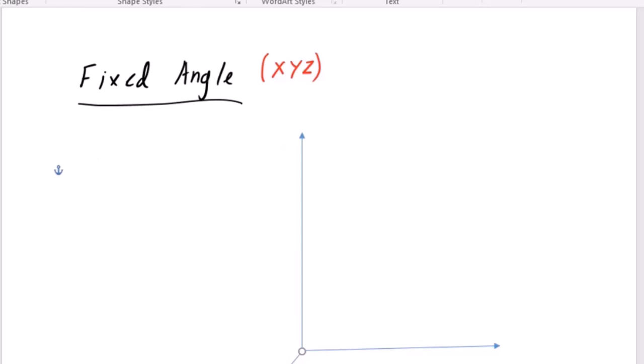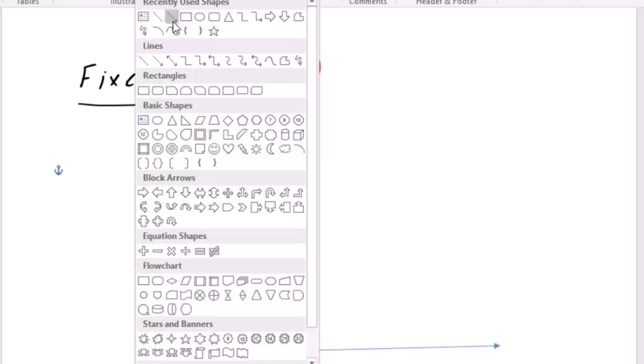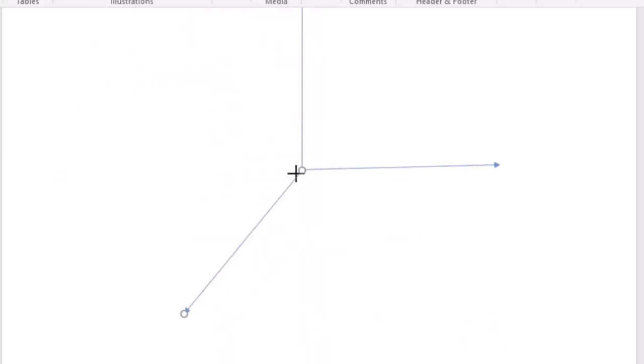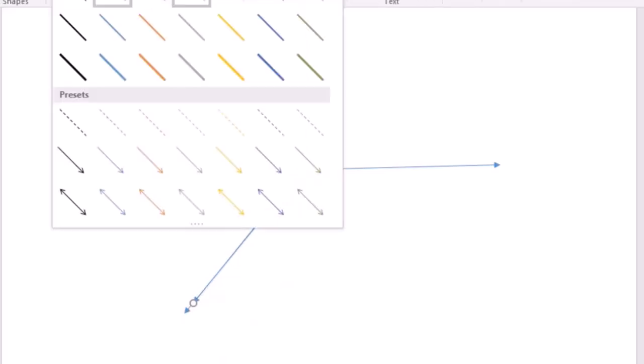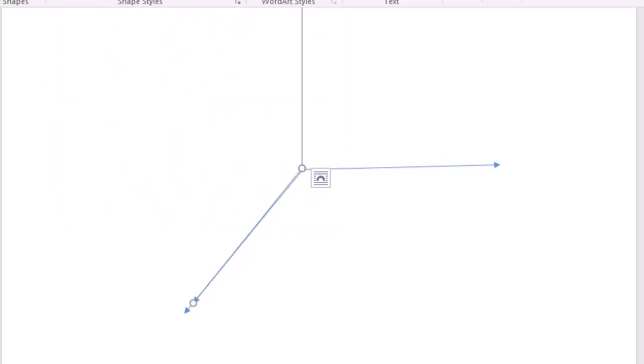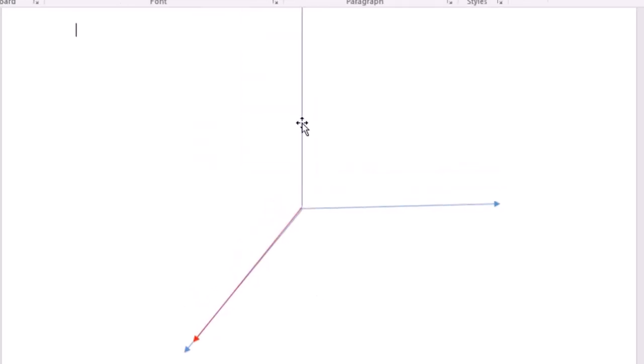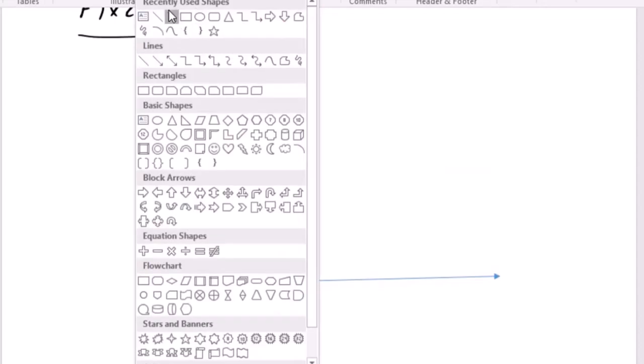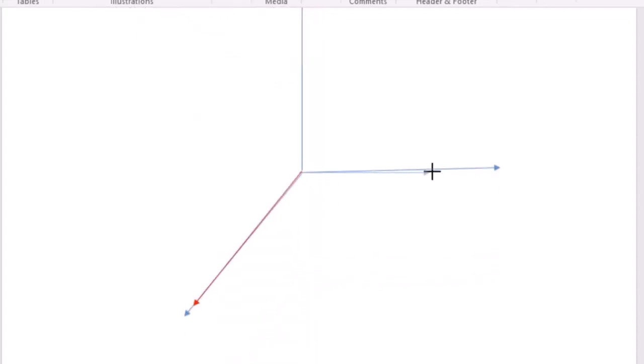Now, for the frame B, this is the XB. Change color, make it red. And then we have YB, and then we have the ZB.